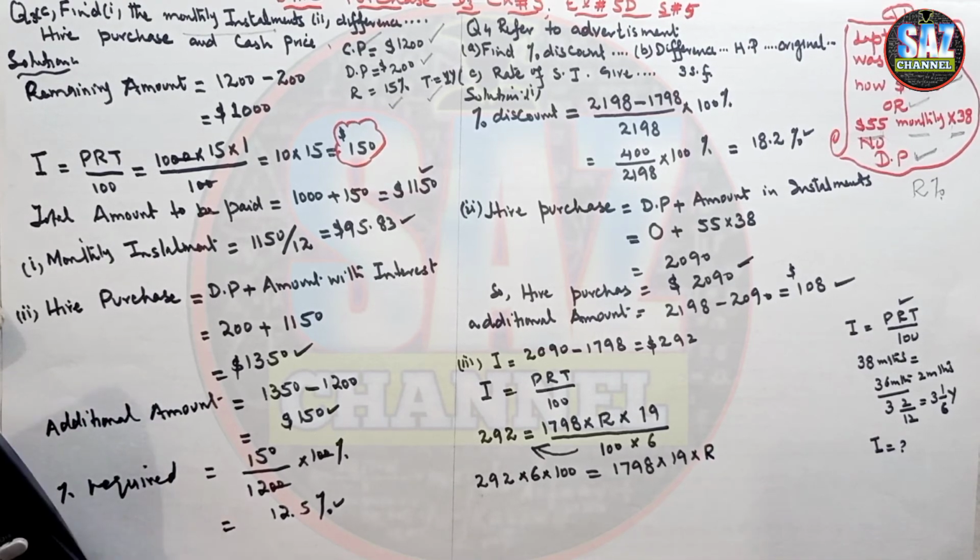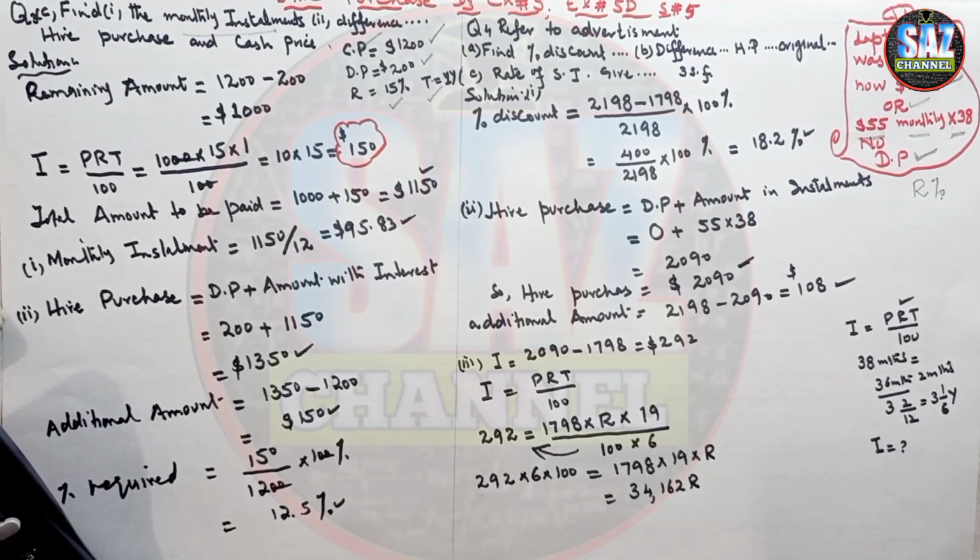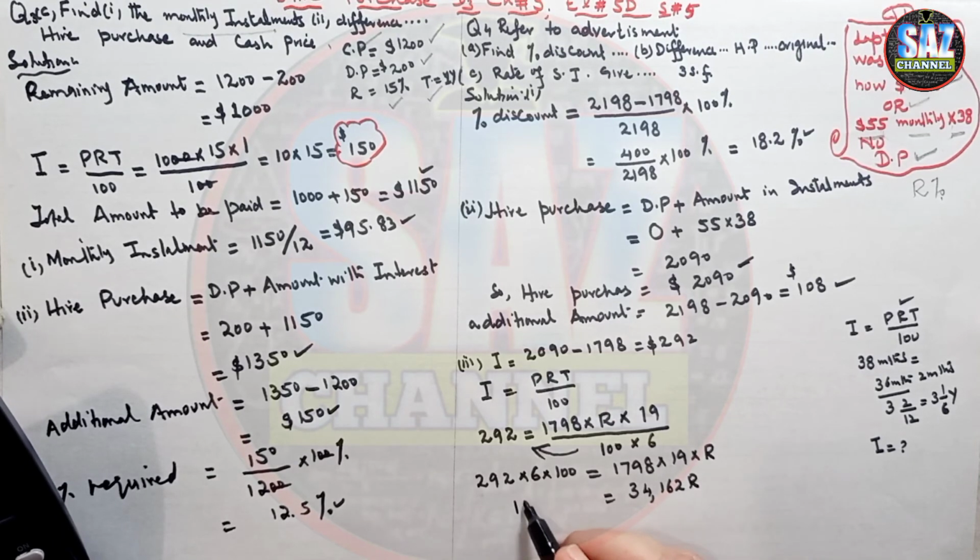Now 1798 multiplied by 19 will give me 34,162 R, and I have to get the answer of the other product as well. 292 multiplied by 6 multiplied by 100 gives me 175,200.